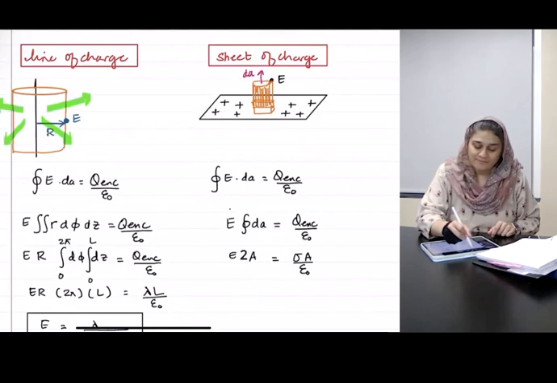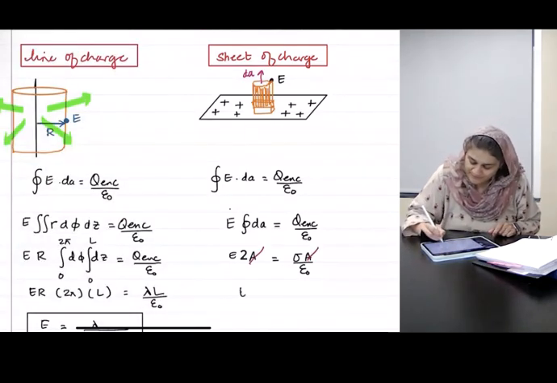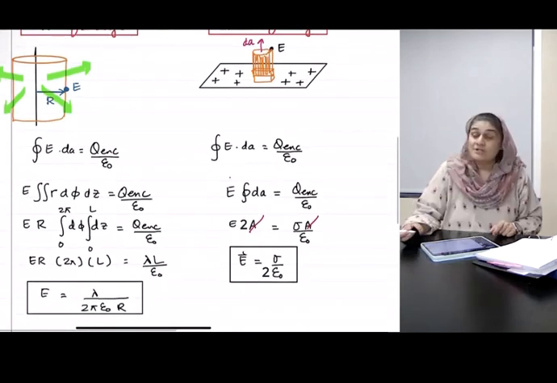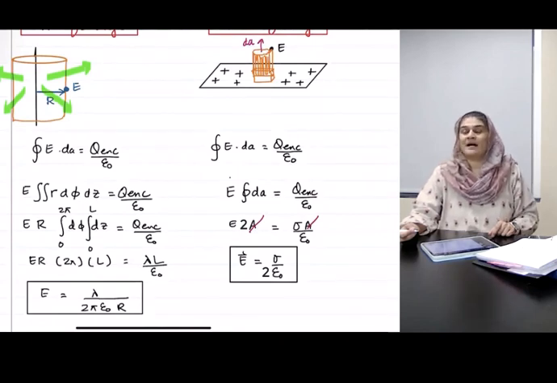The A's go away, and I am left with the E field due to a sheet of charge being just sigma over epsilon naught.